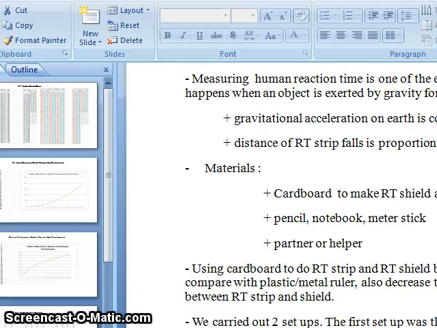When v = 0 and vt = 0, therefore t = square root of 2d divided by g.